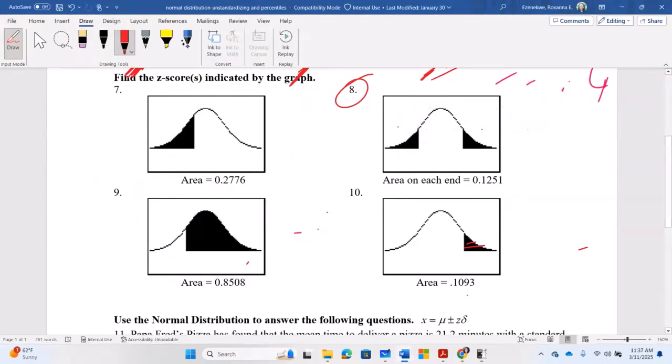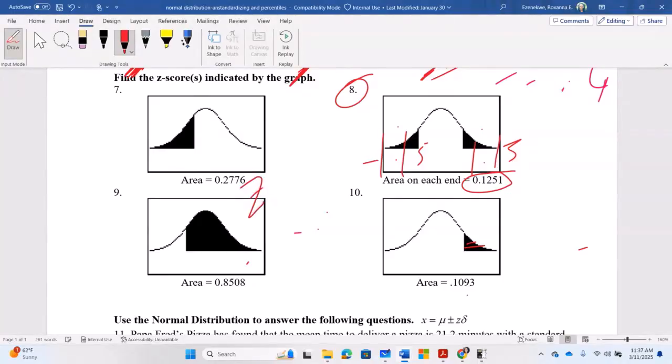All right, so negative 1.15 on the left-hand side, and it is 1.15 on the right-hand side. Why? Because the normal curve is symmetrical. If the area on the left is equal to the area on the right, then the normal curve is symmetrical, so the Z values only differ by sign.